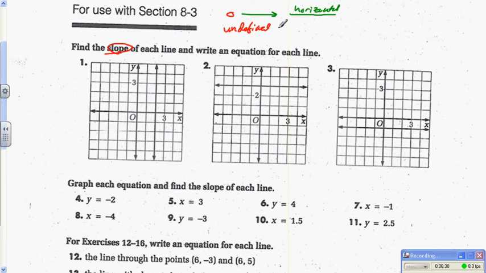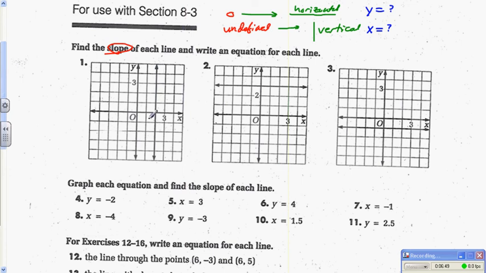When it was undefined, we said it was a vertical line. And we would write those equations like this. If it was horizontal, we'd say y equals something. And if it was vertical, we'd say x equals something.